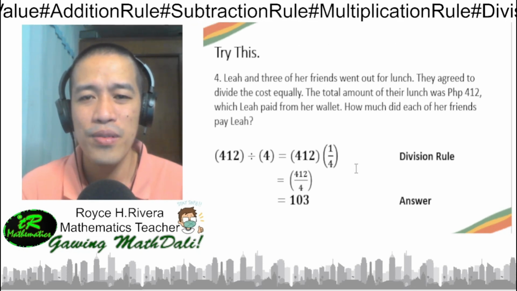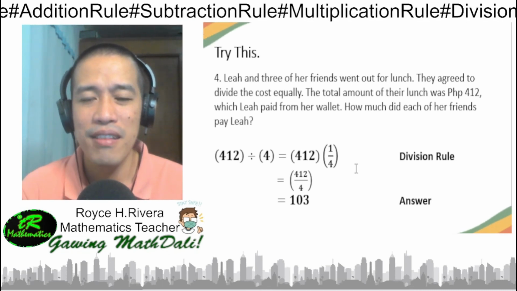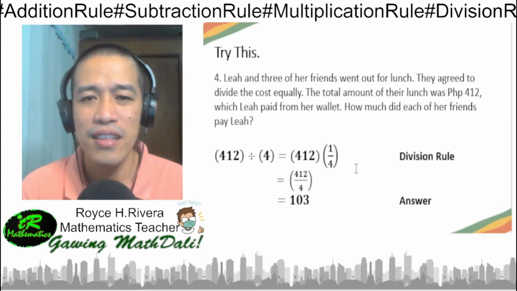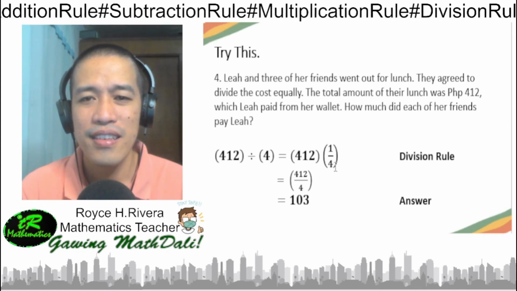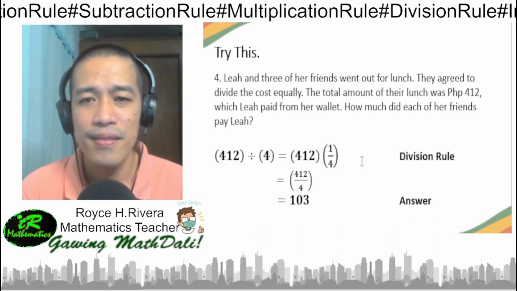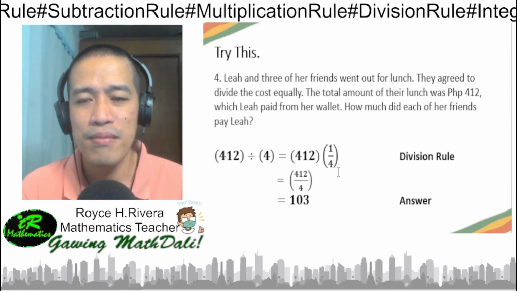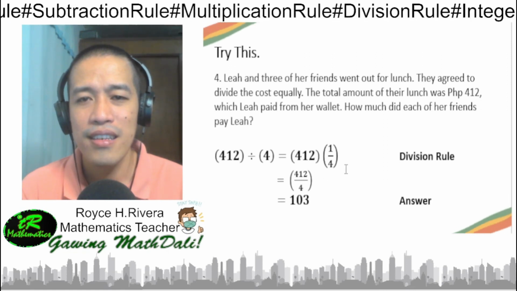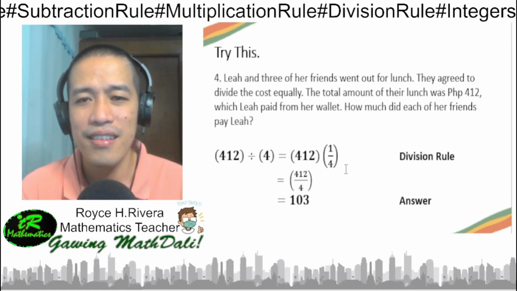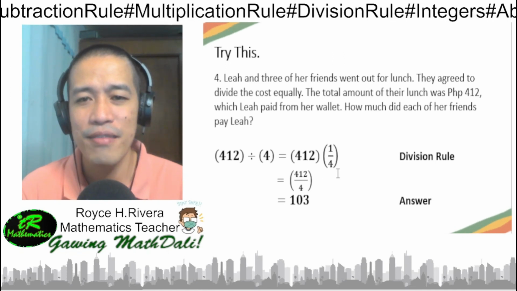The division rule: get the reciprocal of the divisor, then proceed to multiplication. So we have 412 times 1 over 4. Product of two numbers of like signs, get the product, and the product is positive.